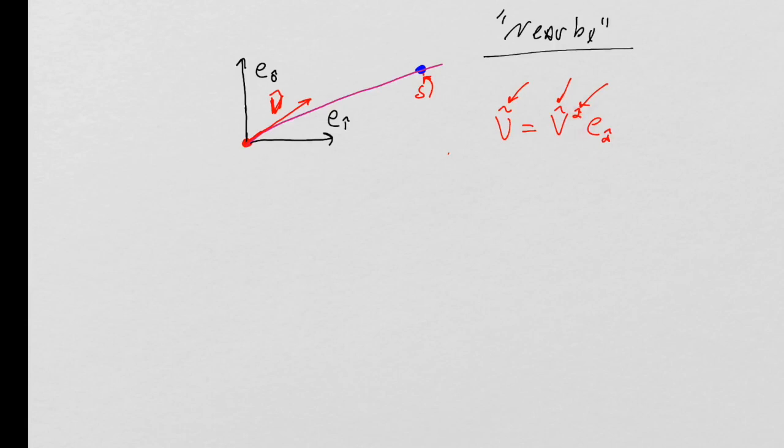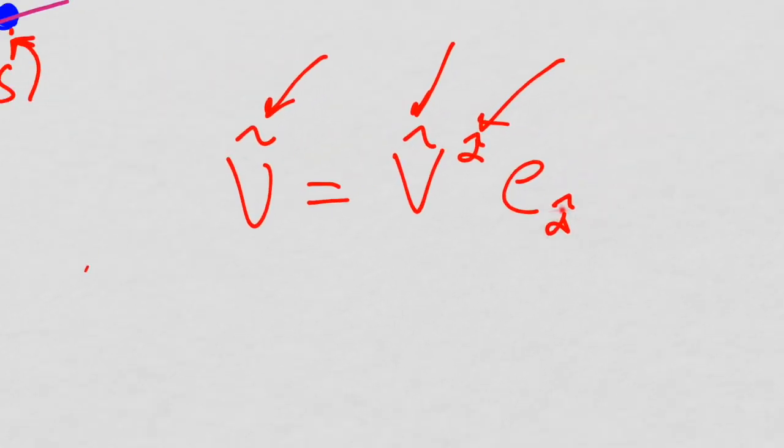Since I'm applying a hat to a Greek letter, this is a tetrad index. So this is an example where I slipped into using a Greek subscript, alpha, but because I gave it a hat, it's unambiguously the tetrad.